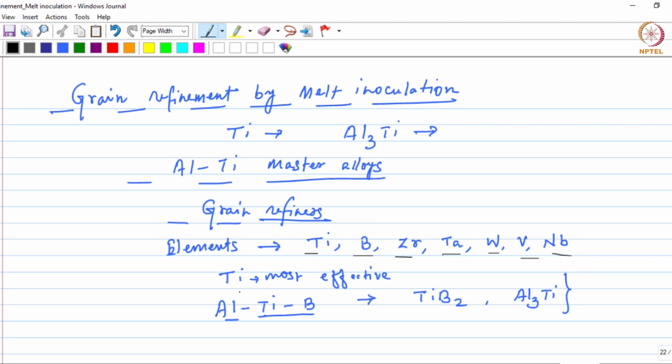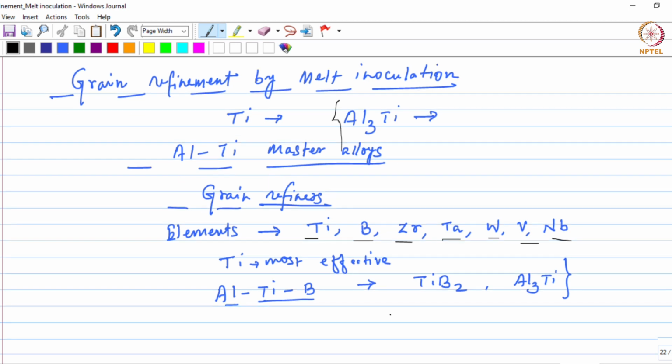As I said, this is added as aluminium titanium master alloy, which will provide these aluminide particles which will act as the heterogeneous surface for the nucleation to occur. Okay, so on these particles, the alpha aluminium will form from the liquid metal as you cool it below the liquidus temperature. And many times a third element is also added.